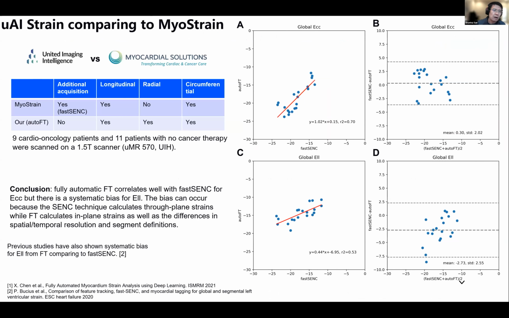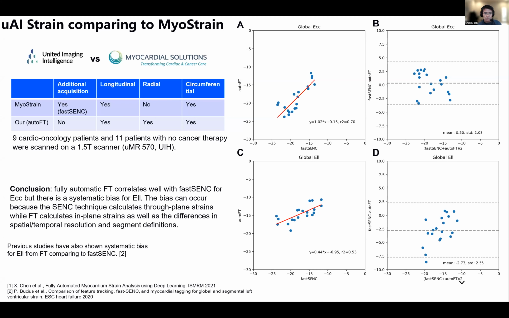We evaluate our deep learning-based strain analysis pipeline against one existing method called MyoStrain. Basically, MyoStrain utilizes another additional acquisition called FastSync. They have to implement it in the scanner and do an additional acquisition.